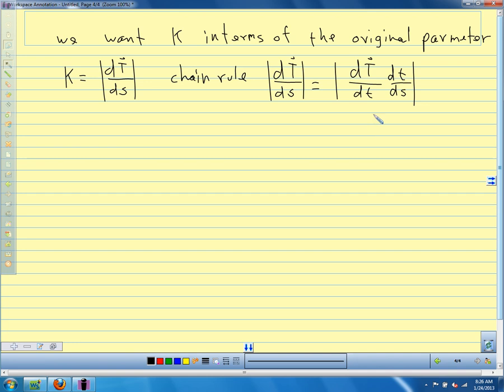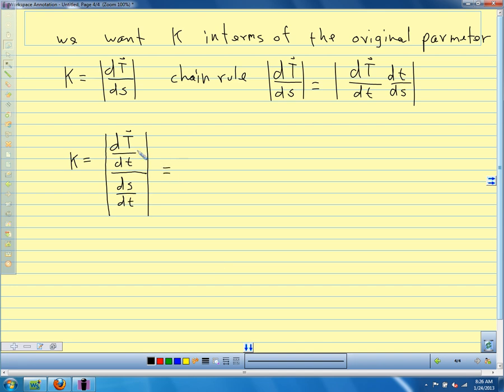And I'm going to write this as a fraction. So our curvature is the rate of change of our tangent vector with respect to time divided by ds/dt.